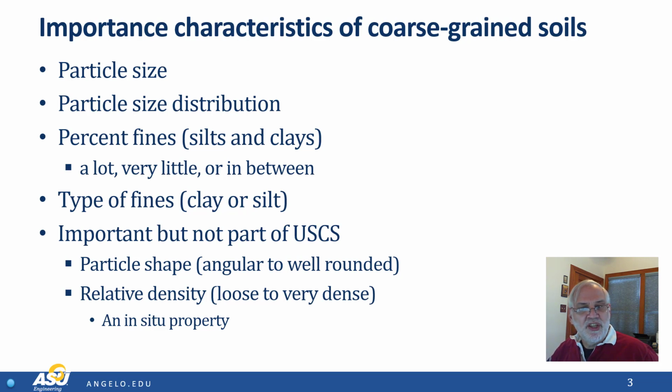However, this is an in situ property of the soil in the field, and the USCS classification is based on measurements of disturbed soils. So we can't say anything about the relative density in this system. However, if we have information about the density from a field test, such as the standard penetration test, we can add that information to the official USCS classification.